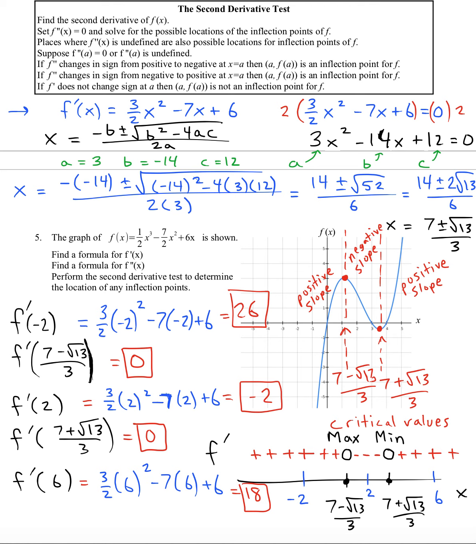And we'll do the same thing we did with the first derivative test. We want to analyze the changes in sign in the second derivative. If the sign of the second derivative goes from positive to negative, then we have an inflection point. If the sign goes from negative to positive, we also have an inflection point. But if the sign doesn't change, that's an indication there's no inflection point there.